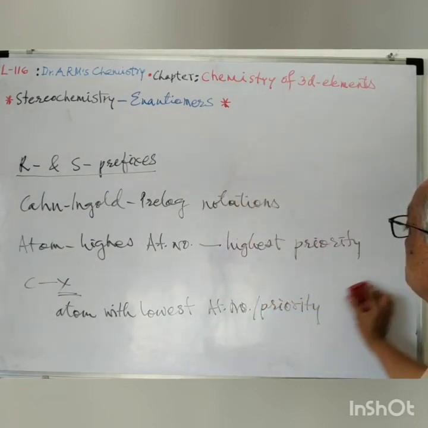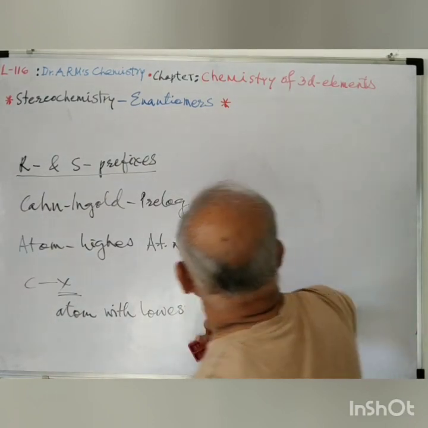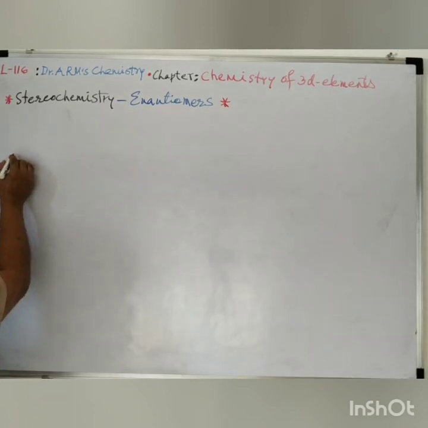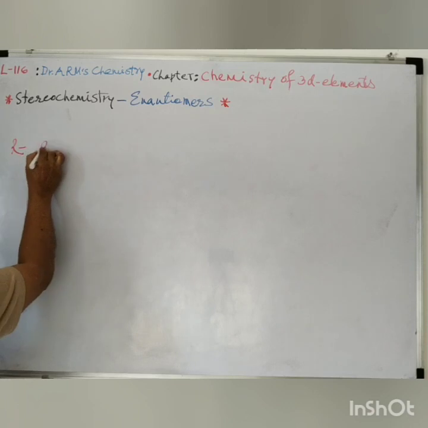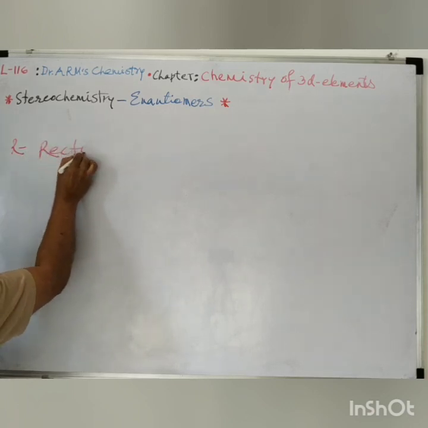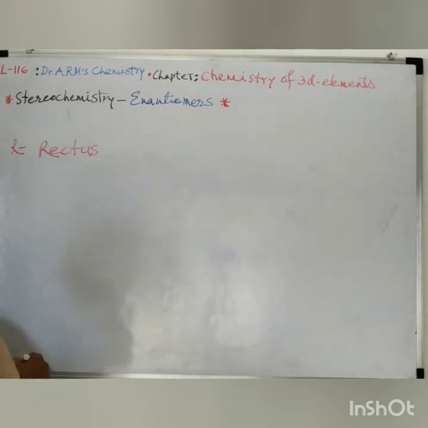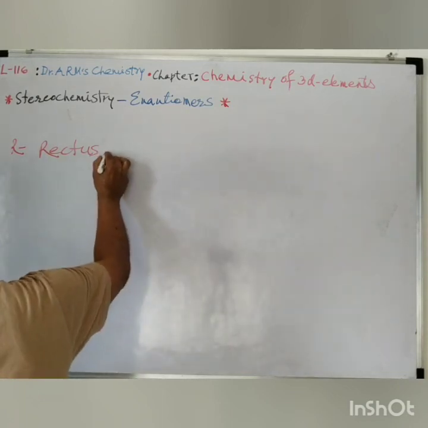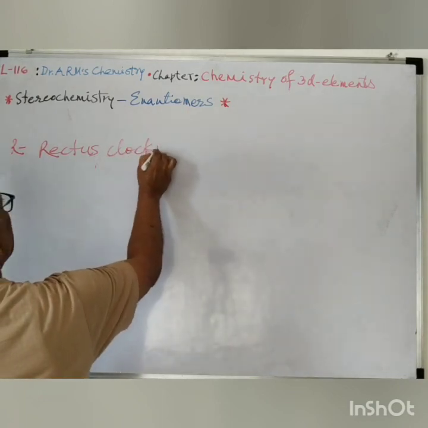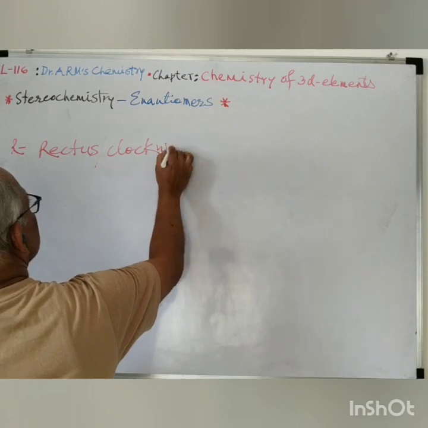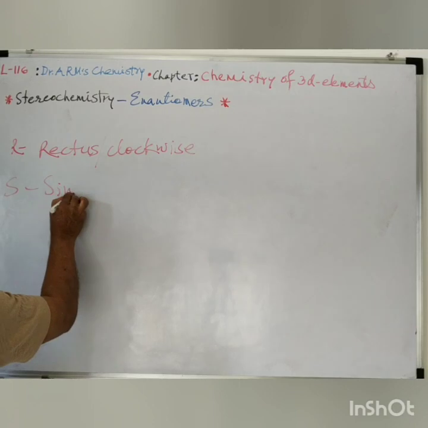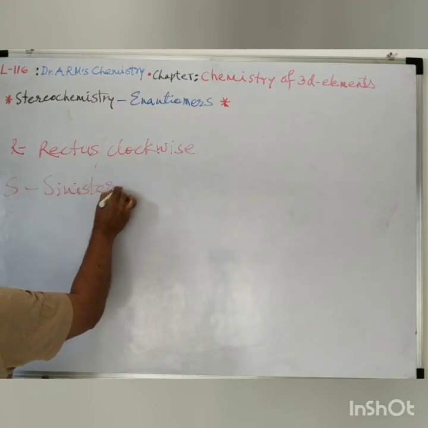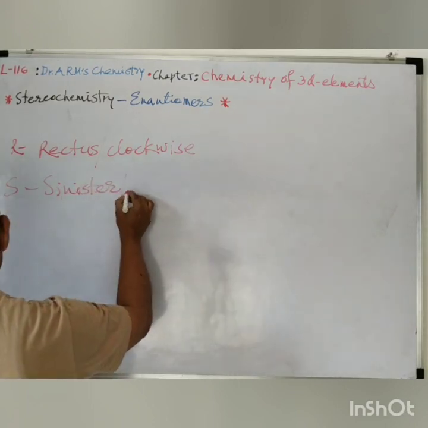Now we will see the example. Here R represents rectus or clockwise, and S represents sinister or anti-clockwise.